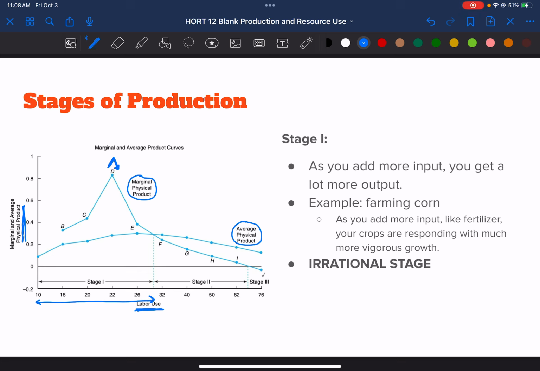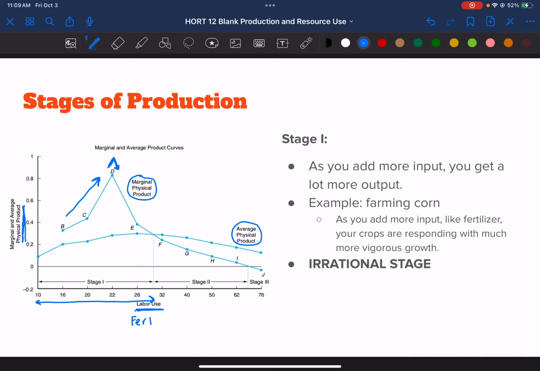So in stage 1 of production, as you add more and more of an input, you're going to get this really steep MPP curve. This means that you're getting a lot more output per every unit of input that you're putting into your product. So whether that's labor, or we could be talking about fertilizer use on this x-axis.